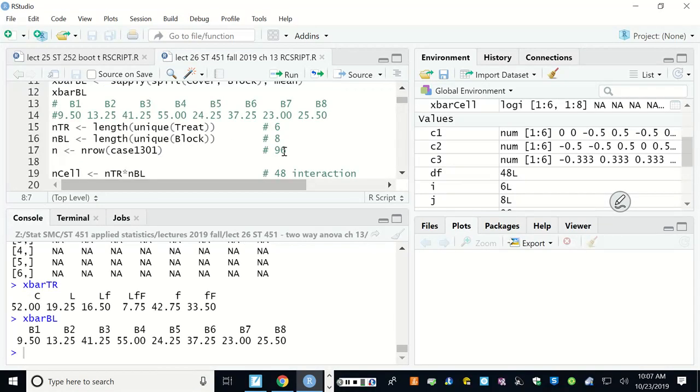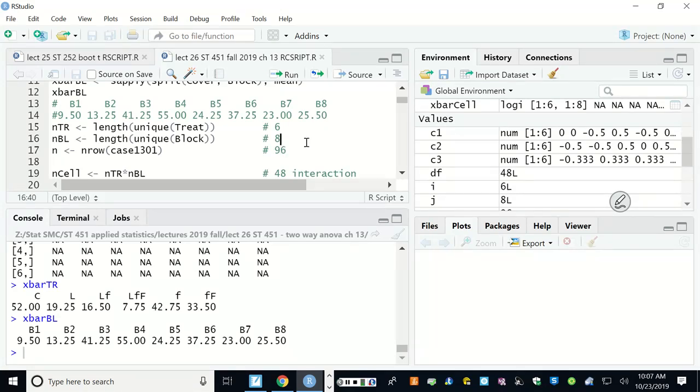Unique and levels do things in different order. Levels will reproduce the order that's in the factor statement. It's a factor, and the levels are in a certain order. But unique will just go through the data set and take the first one and the next one, and if there are repetitions, it keeps moving down and reports that order. So it's just a little bit different. It doesn't necessarily sort them.